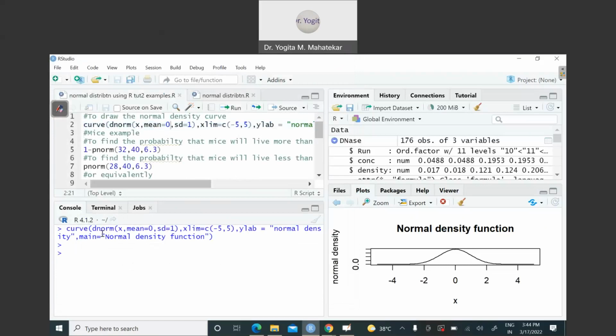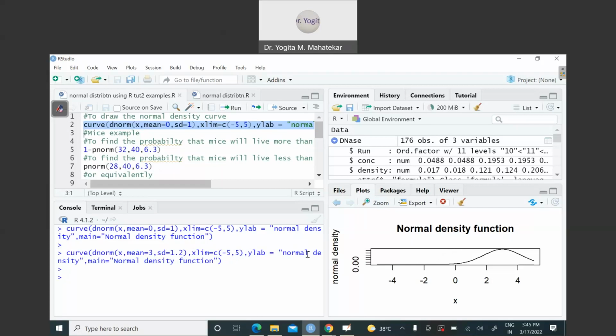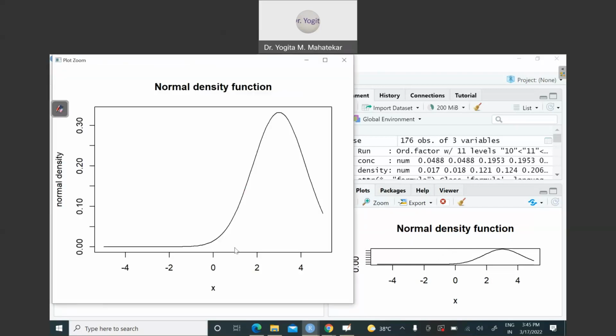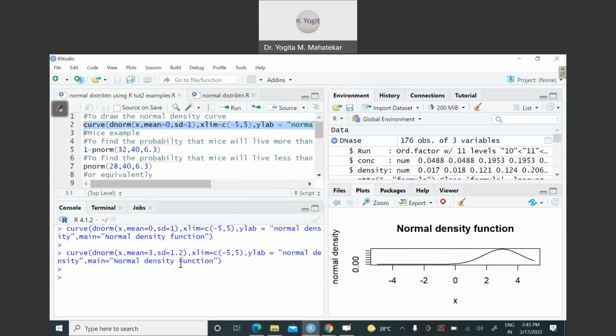Suppose I have to change the mean and standard deviation, I can do that also. If I go again to the console and change the mean and standard deviation to, say, 3 and 7.2, and run it again, then you can see the maximum is appearing at the mean, which was equal to 3.